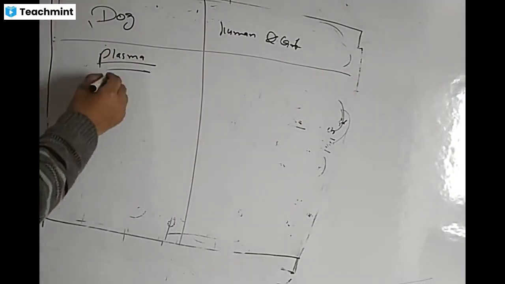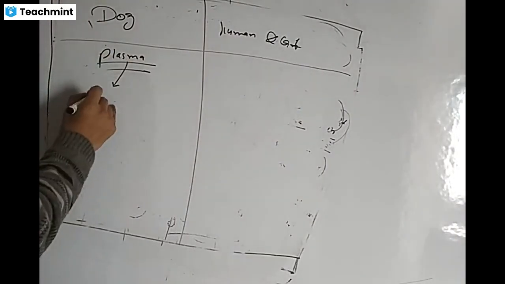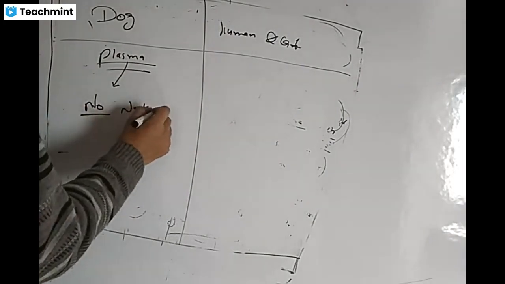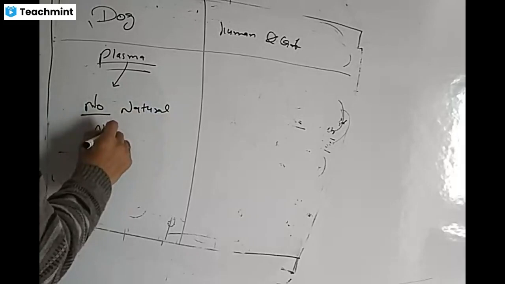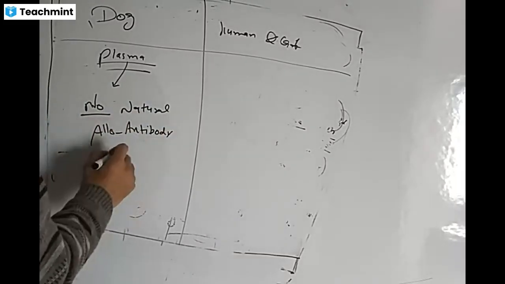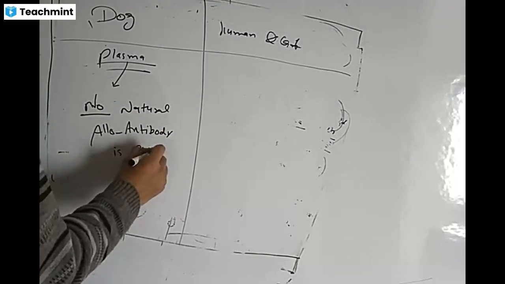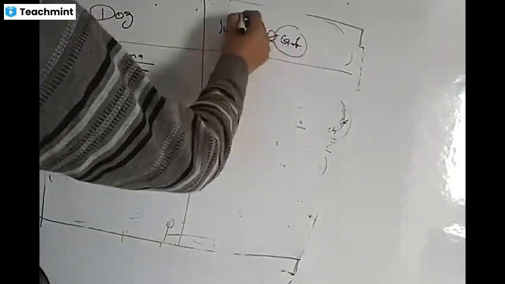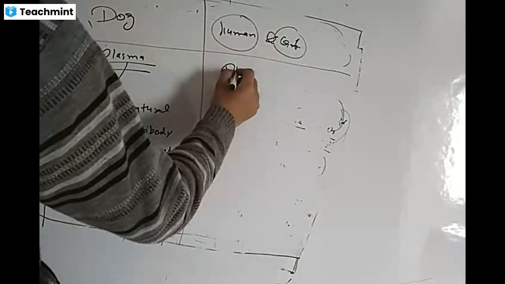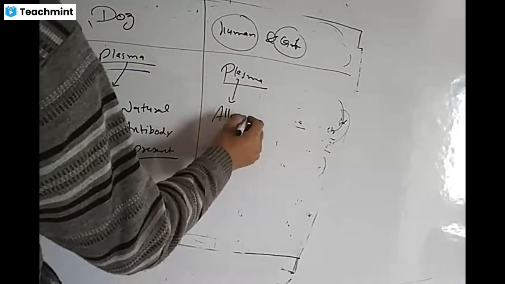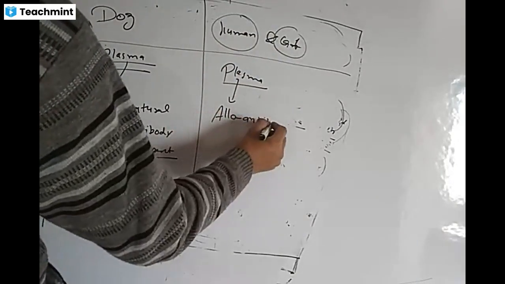In dogs, no natural alloantibody is present. But in cats and in humans, alloantibodies are present in their plasma.